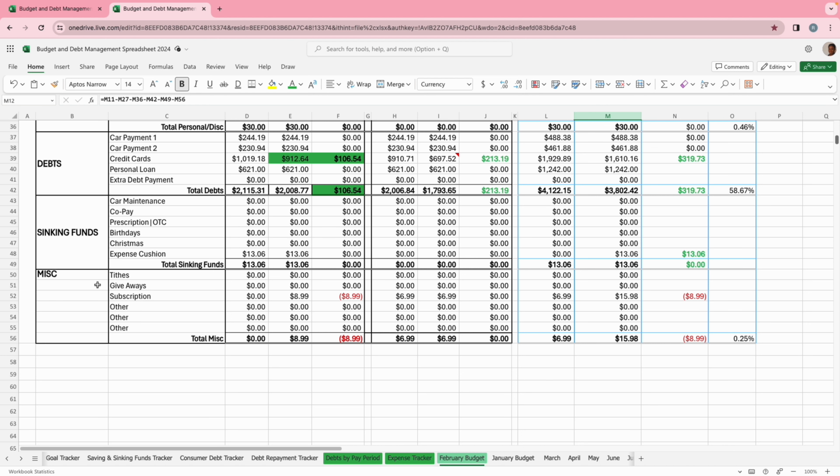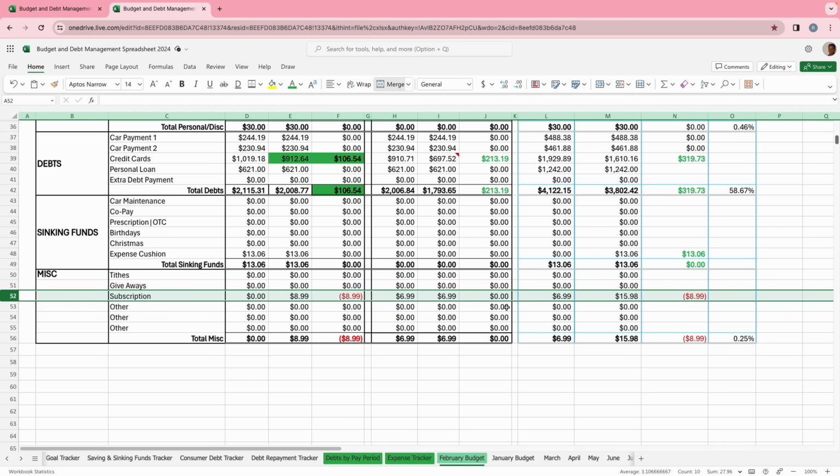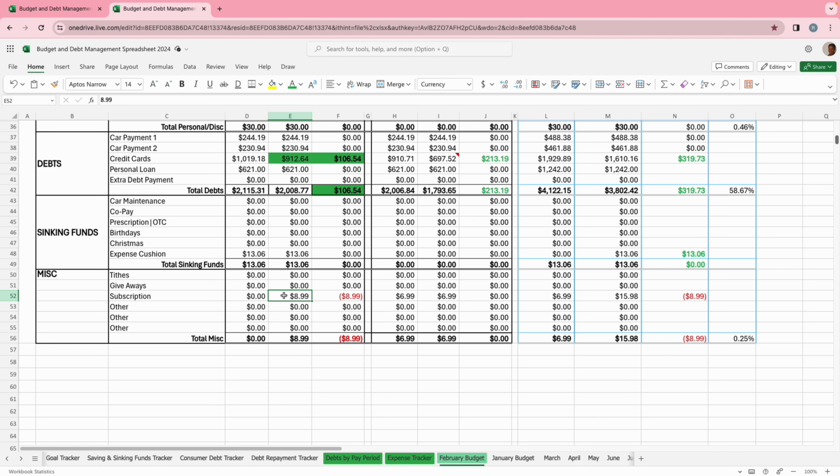For miscellaneous, the only line item that was allocated any funding was subscription. I budgeted $6.99, but I actually spent $15.98 for subscription. That's because in the first half of the month I didn't remember about my $8.99 subscription, so that was paid and captured.